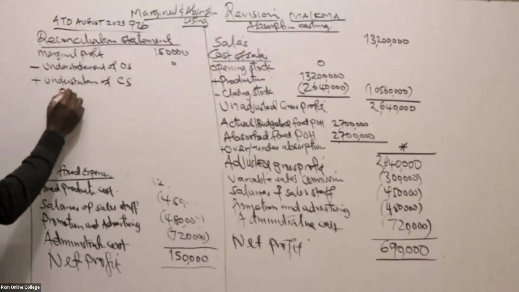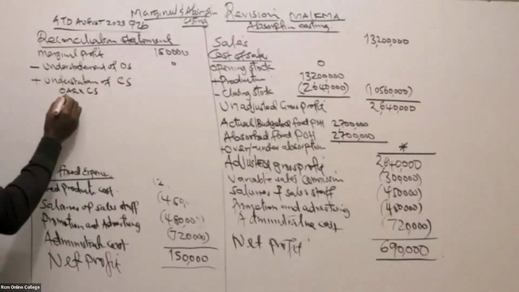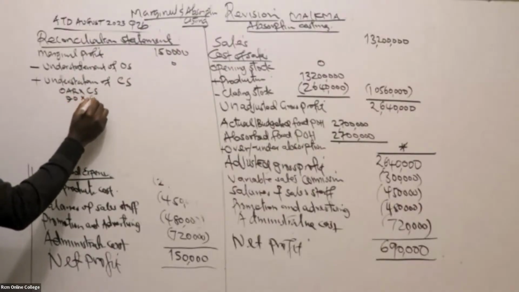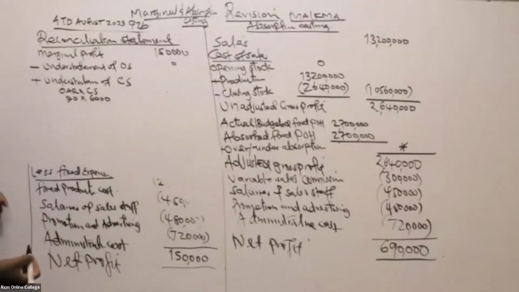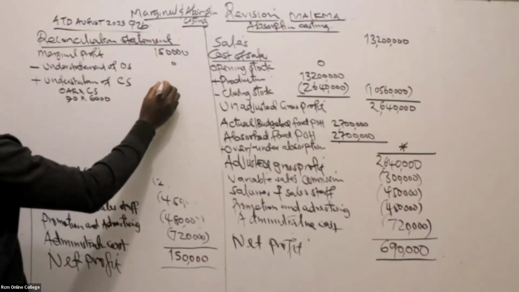You take overhead absorption rate times closing stock. Our overhead absorption rate was 90. We multiply by closing stock, which is 6,000. So what are you getting? 90 by 6,000 is giving us 540.